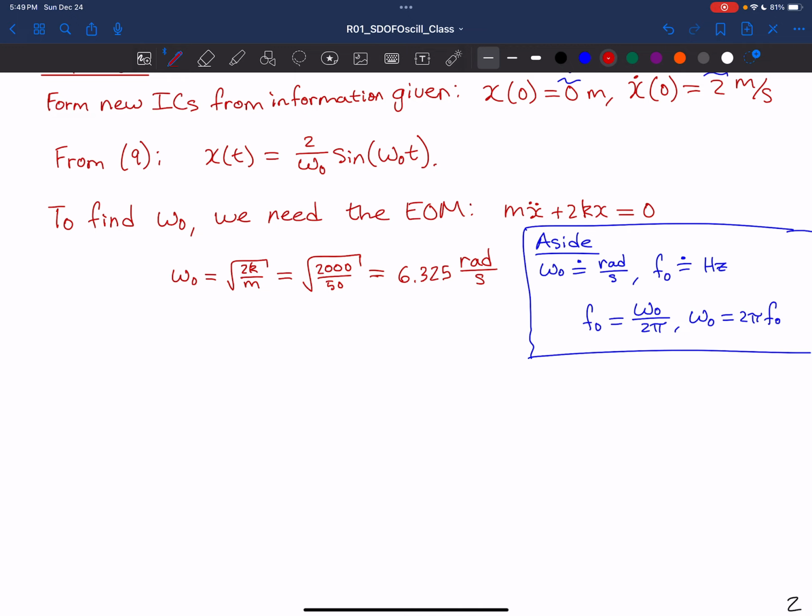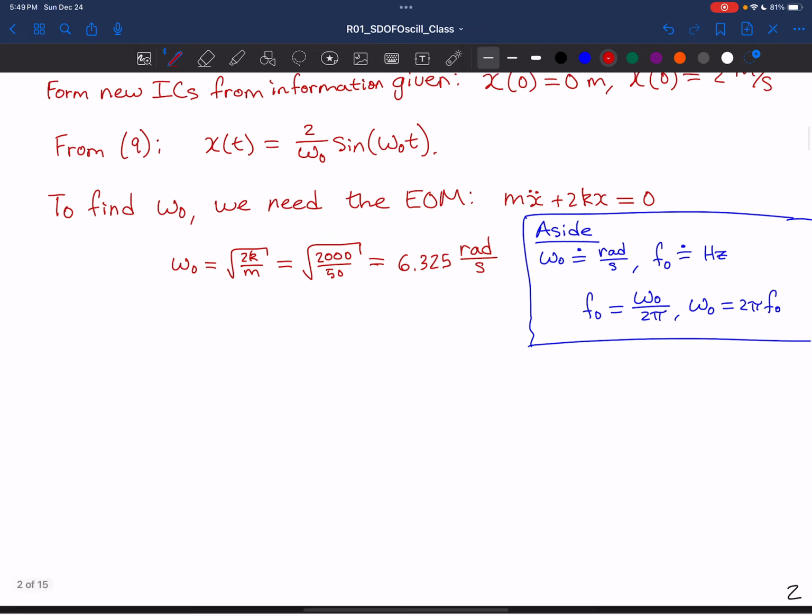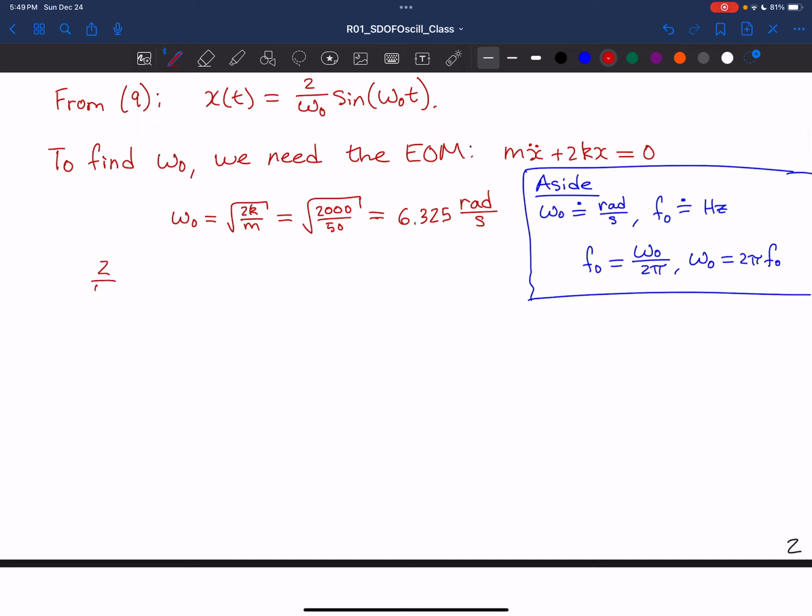Okay, so now that we know that, we can then compute what 2 over omega 0 is equal to. And this is equal to 0.316. And from there, we can get that x of t is equal to 0.316 times the sine of 6.325 t.